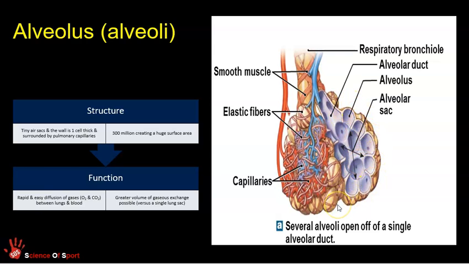It's a bit like having one big balloon versus millions of small balloons. You get more surface area having more small air sacs. And the reason surface area is important is because the more surface area we have, the more diffusion can take place through these walls. So individually tiny, but we have so many, we get a large surface area for diffusion of our two gases, oxygen and CO2.